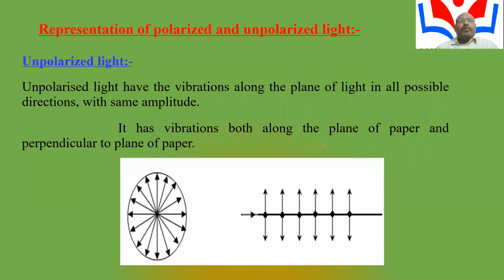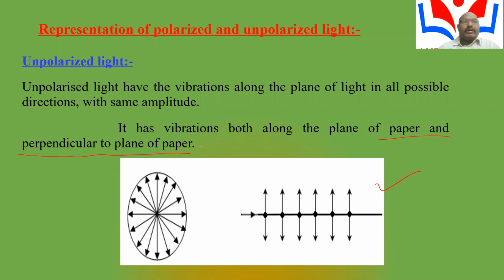The representation of polarized and unpolarized light. Unpolarized light, from the diagram, will have vibrations in all possible directions in the plane perpendicular to the propagation, with the same amplitude. It has vibrations both along the plane of the paper and perpendicular to the plane of the paper.